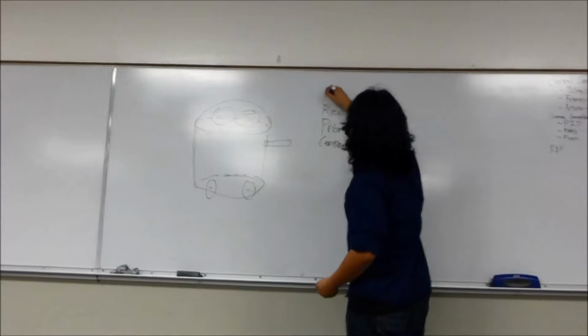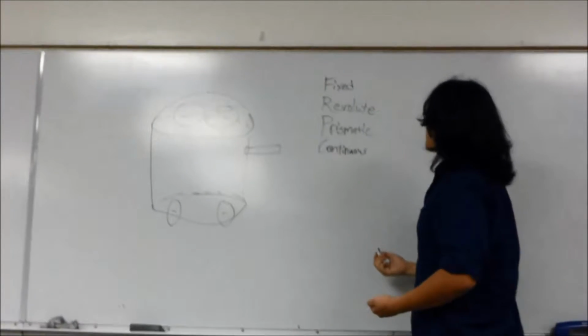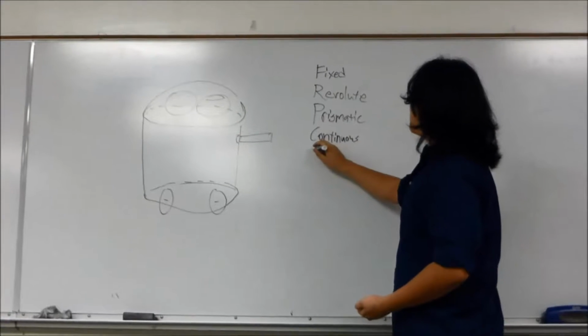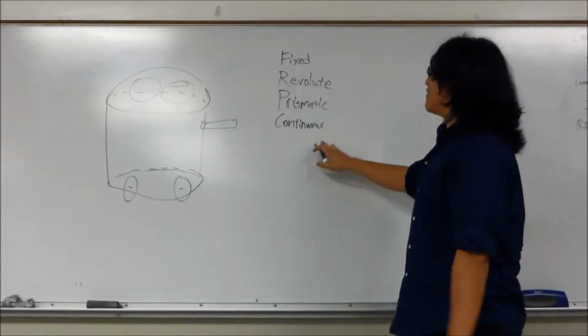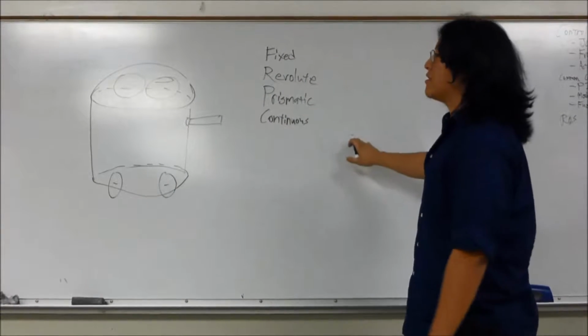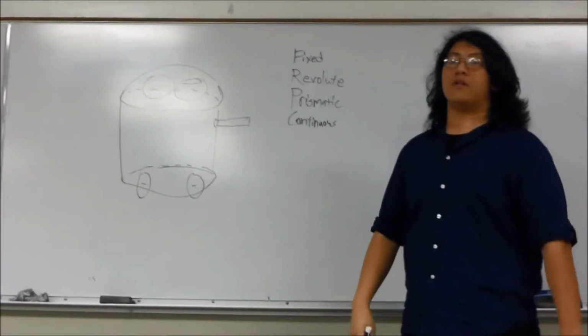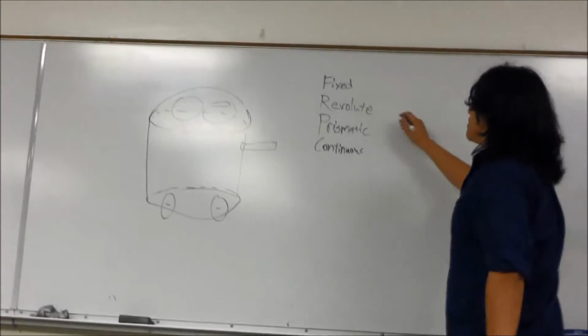The first one should be just fixed. This is enough. There are other ones where you have more freedom than this, but most you can conceptualize as just things like this. A fixed joint is a connection that's fixed and doesn't move. Revolute spins.